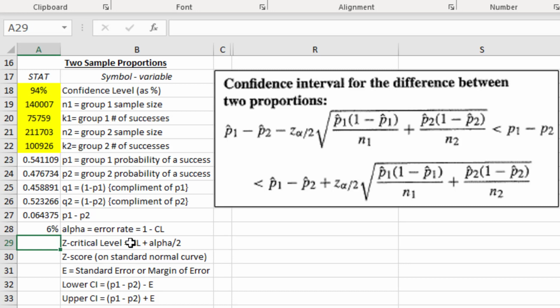And then the Z critical level, we've talked about this before in previous videos, that we're finding the cutoff on the Z distribution that has the confidence interval and half of alpha all below it, right?